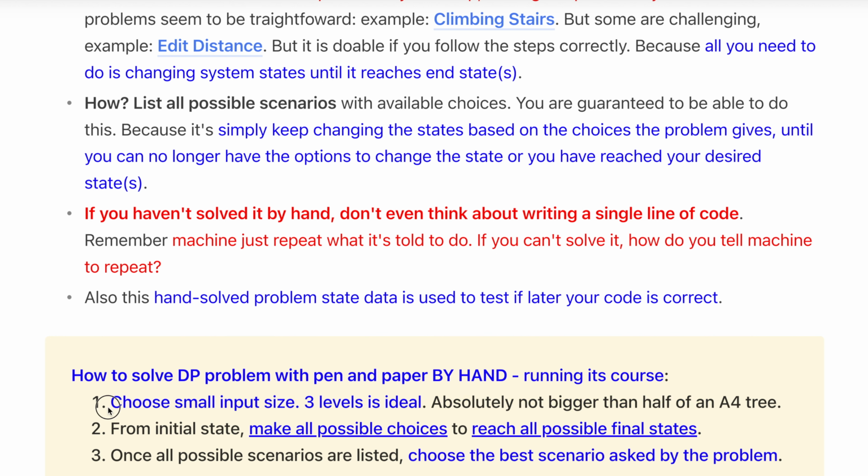Next, after choosing small input size, from the initial state, we're gonna make all possible choices to reach all possible final states. And once all possible scenarios are listed, we're gonna choose the best scenario that asked by the problem. And that's how we solve DP problem by pen and paper.